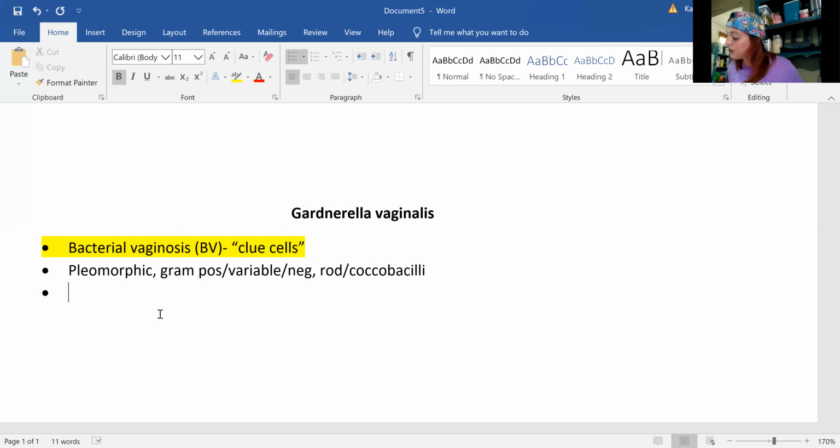So the most common specimen is going to be your vaginal discharge.